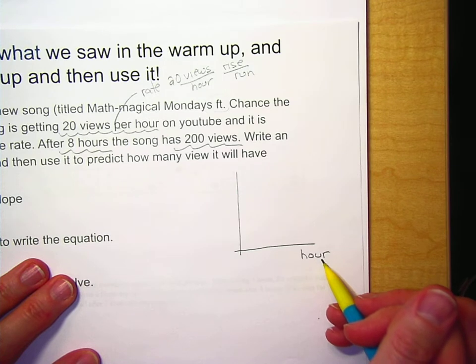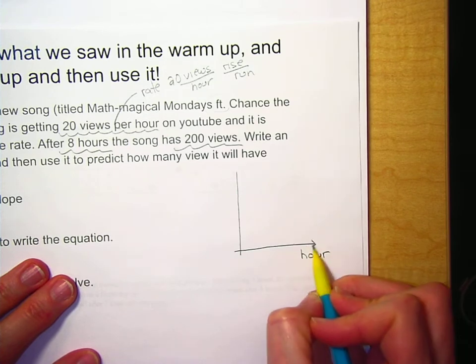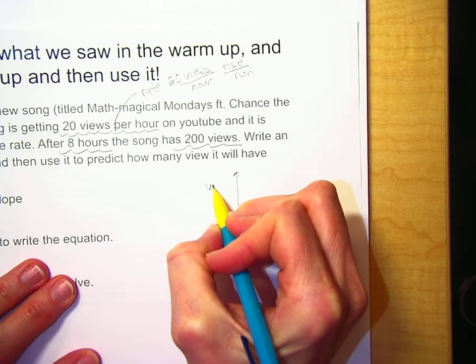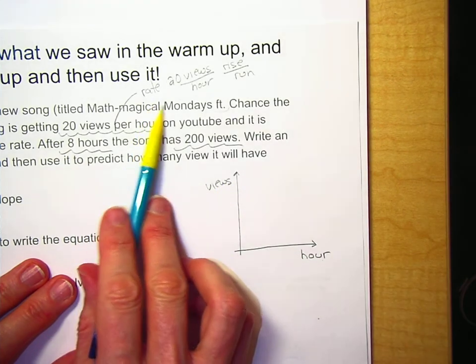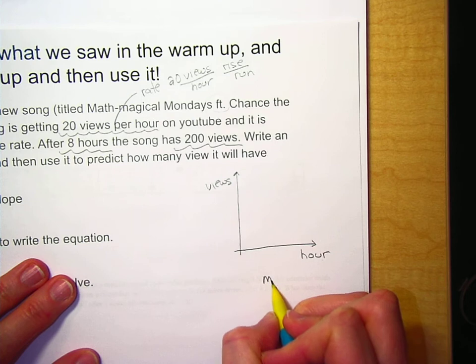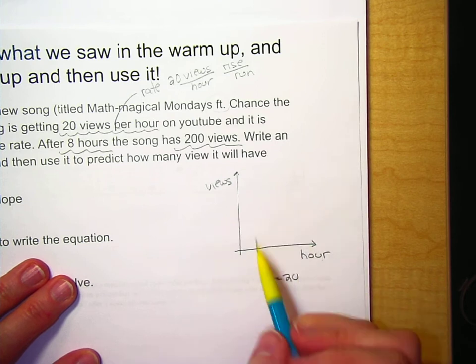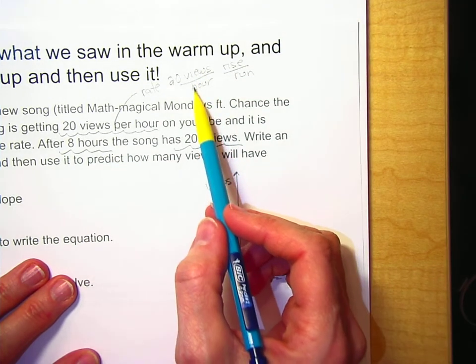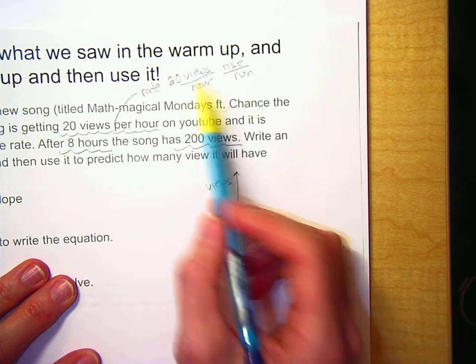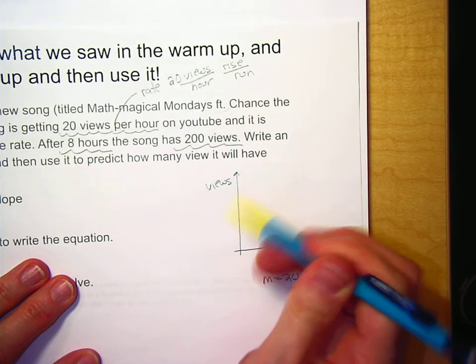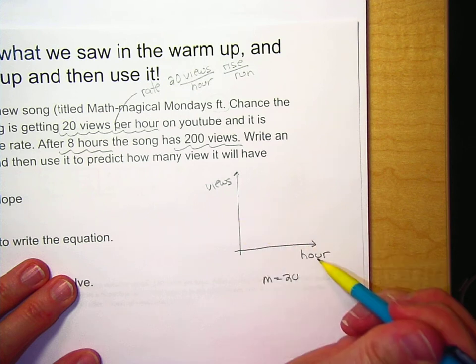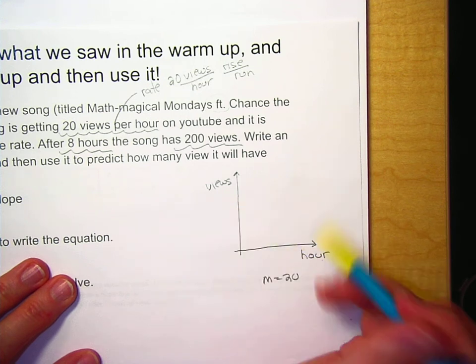So I'm going to put hours on my x-axis, and I'm going to put views on my y-axis. So 20 is my slope, because for every 1 hour there are 20 views. Okay, so I'm doing a problem where I'm comparing hours to views.